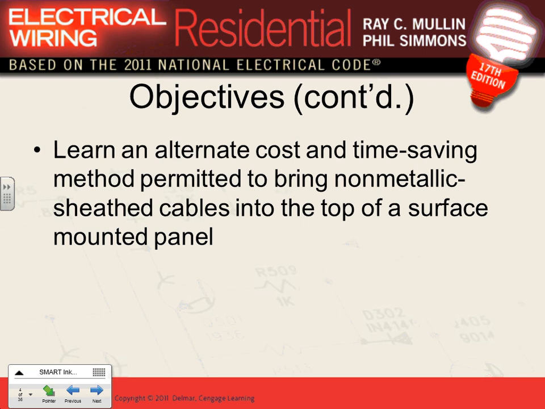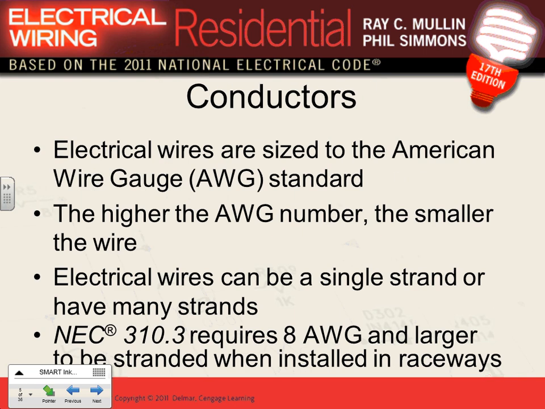Permitted to bring non-metallic sheathed cable into the top of the surface panels. Some of these are related to electricians. And stop me, guys, if I'm moving faster on these. Everybody knows that we measure the wire size in the U.S. with American Wire Gauge, AWG, right? Square millimeters is how the rest of the world measures them.